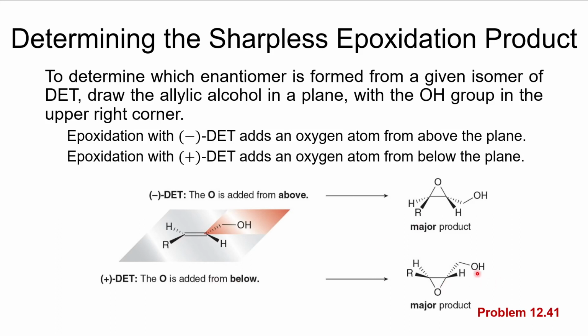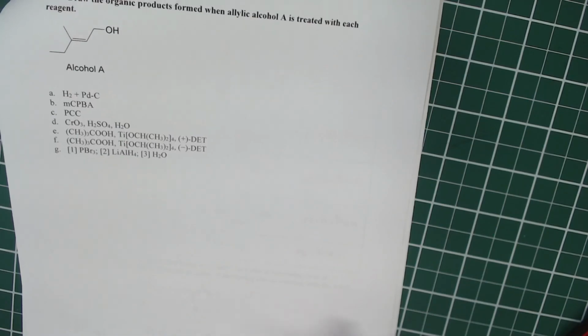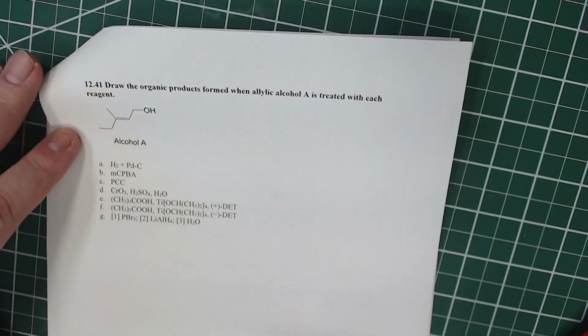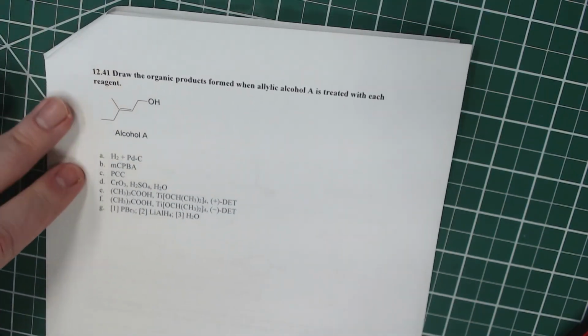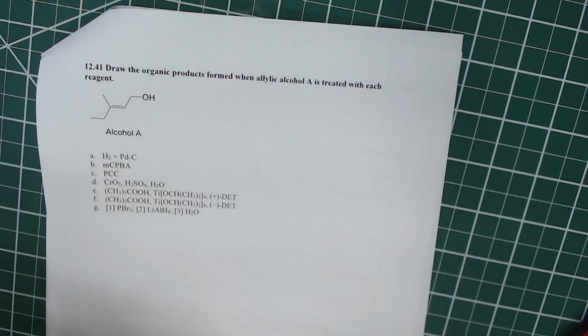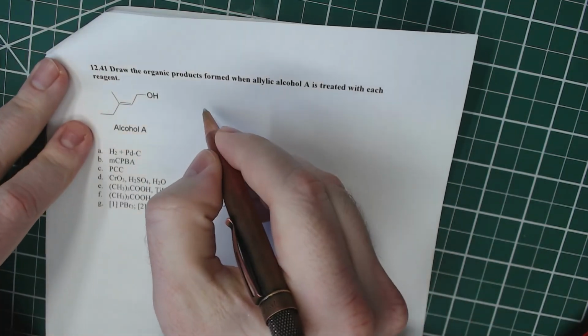Now let's look at 41, which has some problems from the whole chapter. Here we have an allylic alcohol, and we want to see what happens when we do each of these reactions.